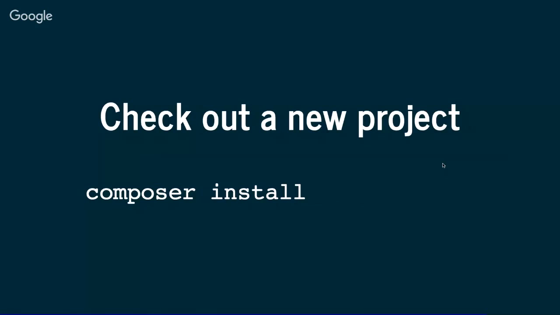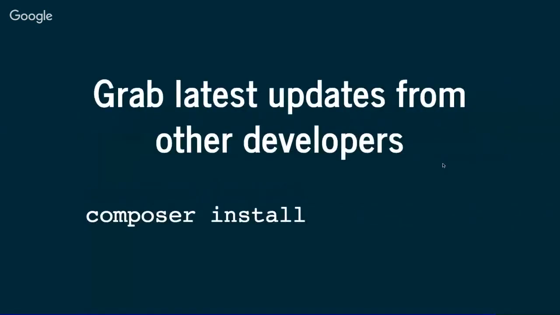Because this project should contain a composer.lock file. If you want to grab the latest updates from other developers, you will also be running composer install. Someone ran composer update for a specific package, and those changes were committed, right? So someone else created a composer.lock file for me, and I only need to run the composer install command.